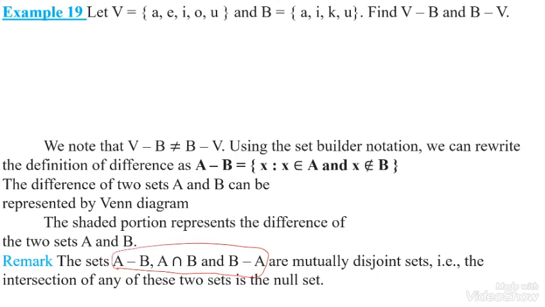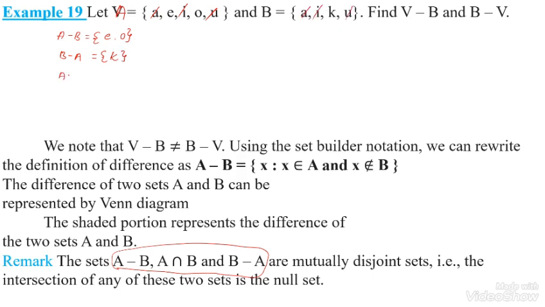In place of V, I can take A. So I will take A minus B here. A minus B means I neglect the common elements A, I, U. A minus B, the result is E, O. And B minus A, the result is K, because here I will neglect the common elements.